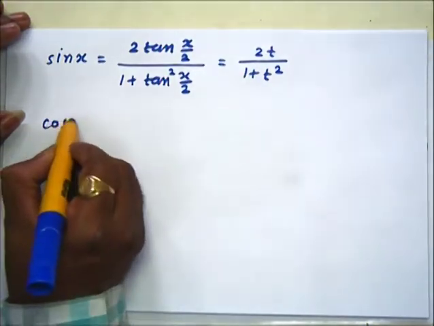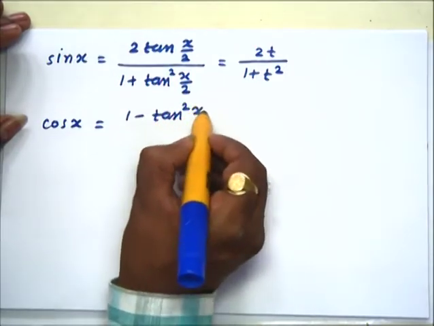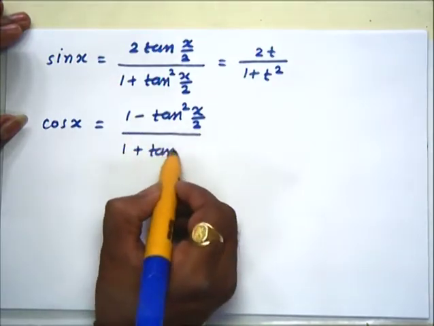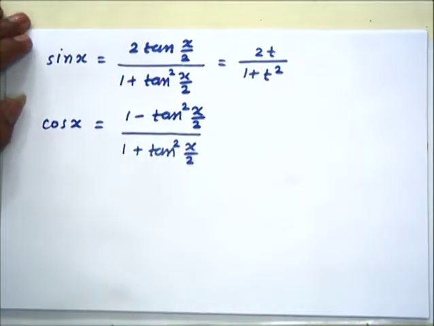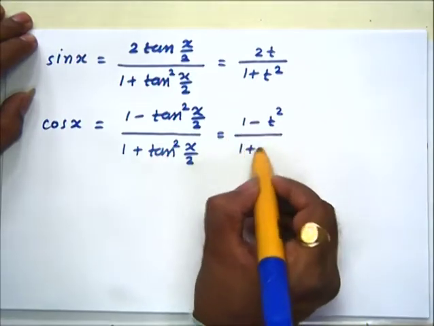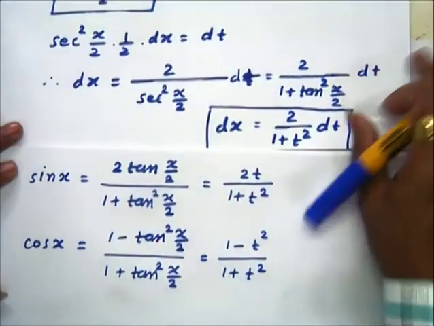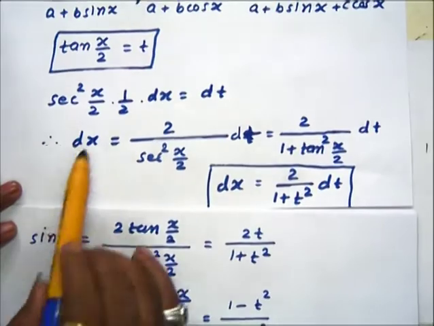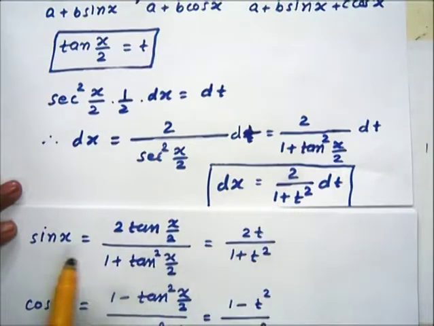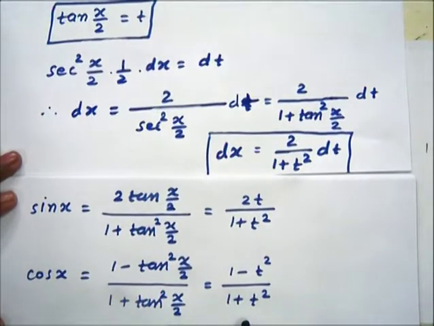And cos x equal to 1 minus tan square x by 2 upon 1 plus tan square x by 2, which is 1 minus t square upon 1 plus t square.